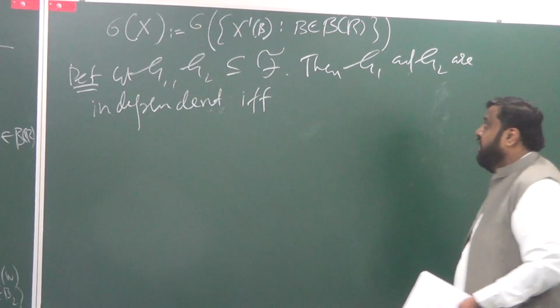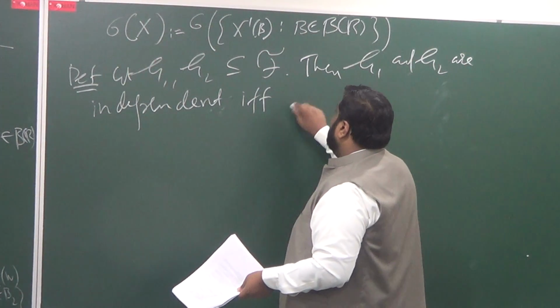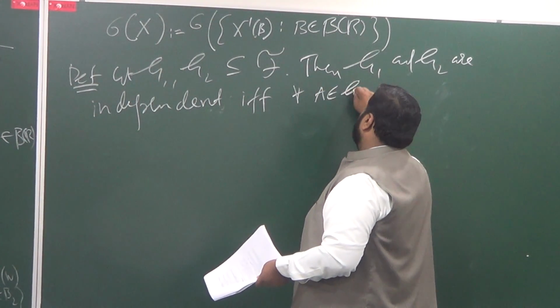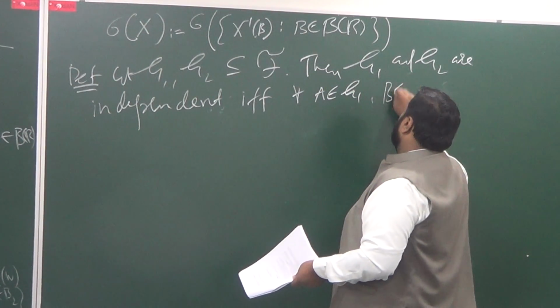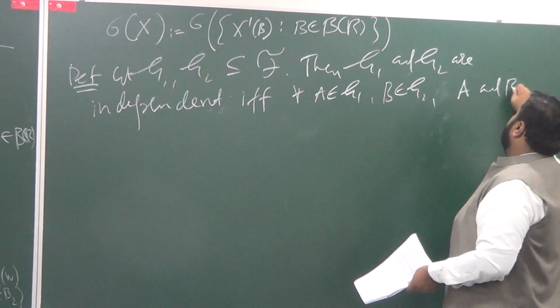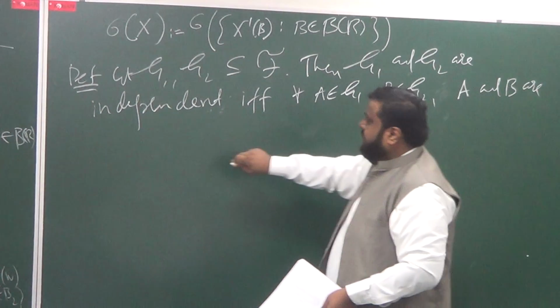That is, if and only if for all A from G1 and B from G2, A and B are independent.